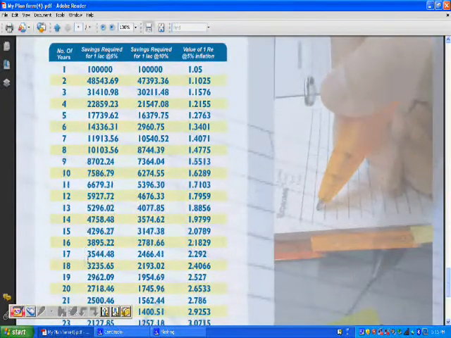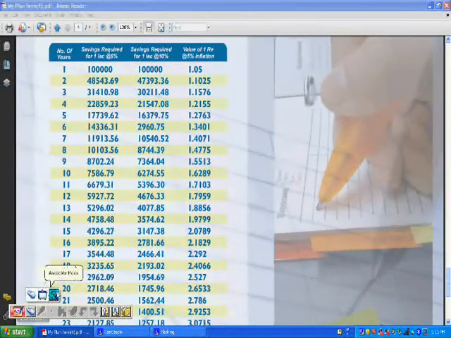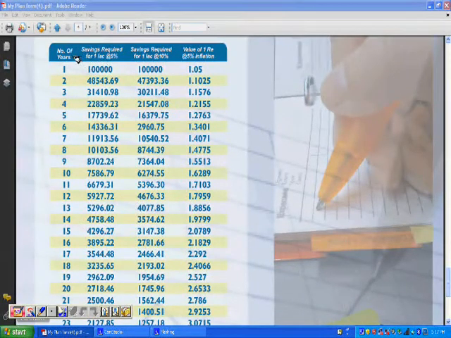So what this table says is, please just look a little carefully here. It says savings required per lakh at 6% and 10%. Right, so what this means is that if let's say you have 5 years to save, then per lakh you need to save 17,000 rupees to attain 1 lakh rupees.